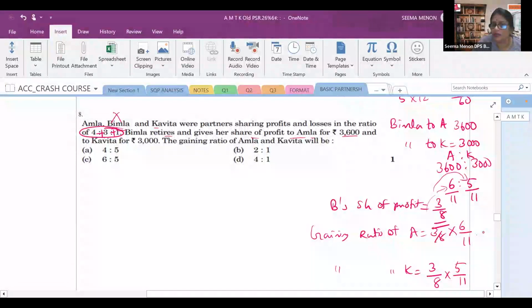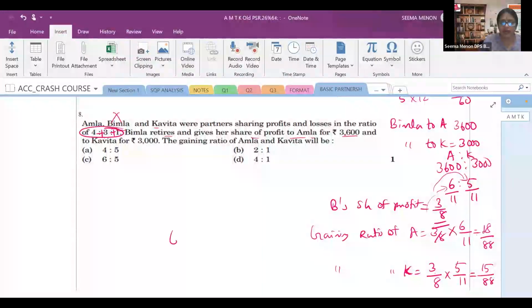3 and 8 are common, so if you want, you can cancel. In the second one, Kavida, there is no cancellation, no common factor. So here I am writing 18/88, and here 15/88. Both denominators are the same. So my gaining ratio of Amala and Kavida will be 18:15.